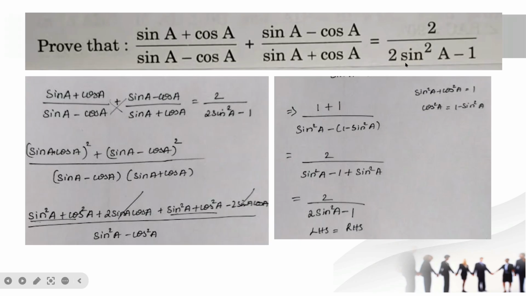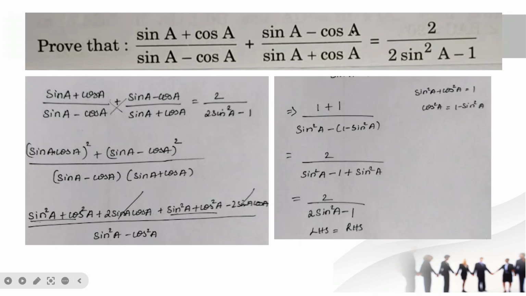We need to prove this side is equal to this side. Let's take LHS. You just cross multiply: sin A plus cos A, sin A plus cos A. So sin A plus cos A the whole square you can write, right? This equation and this equation were the same. When you are multiplying that whole equation, square you can write.